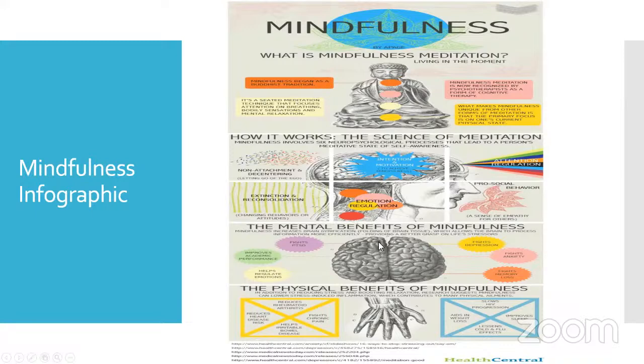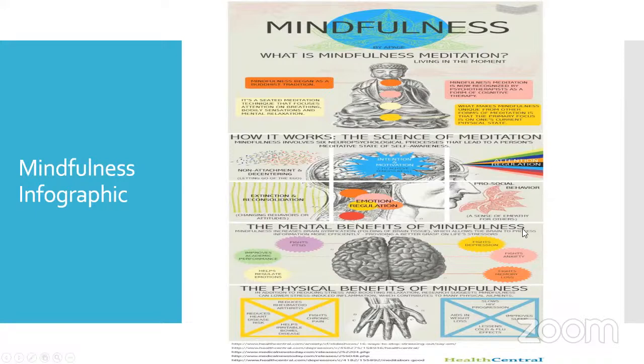This infographic says it is a seated meditation technique that focuses attention on breathing, body sensation, and mental relaxation. Mindfulness meditation is now recognized by psychotherapists as a form of cognitive therapy. What makes mindfulness unique from other forms of meditation is that the primary focus is on one's current physical state.